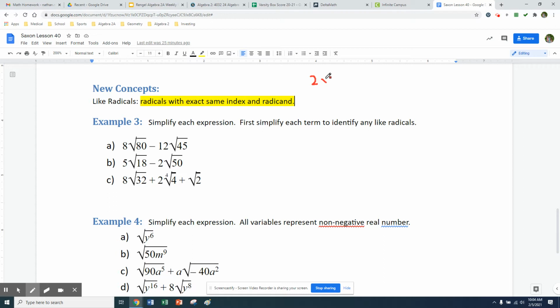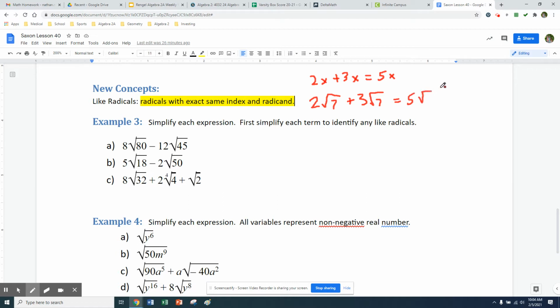So if we have a 2x plus a 3x, we all know that when we have 2x plus 3x, that's going to equal 5 total x's. With radicals, if we have a 2 root of 7 plus a 3 root of 7, that's going to equal 5 roots of 7.